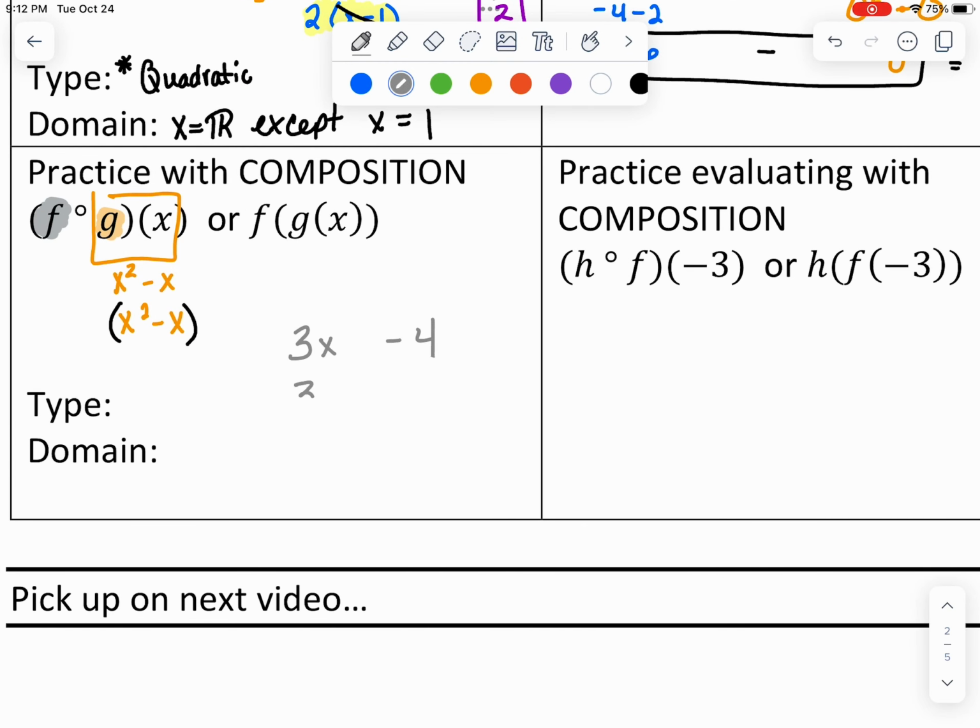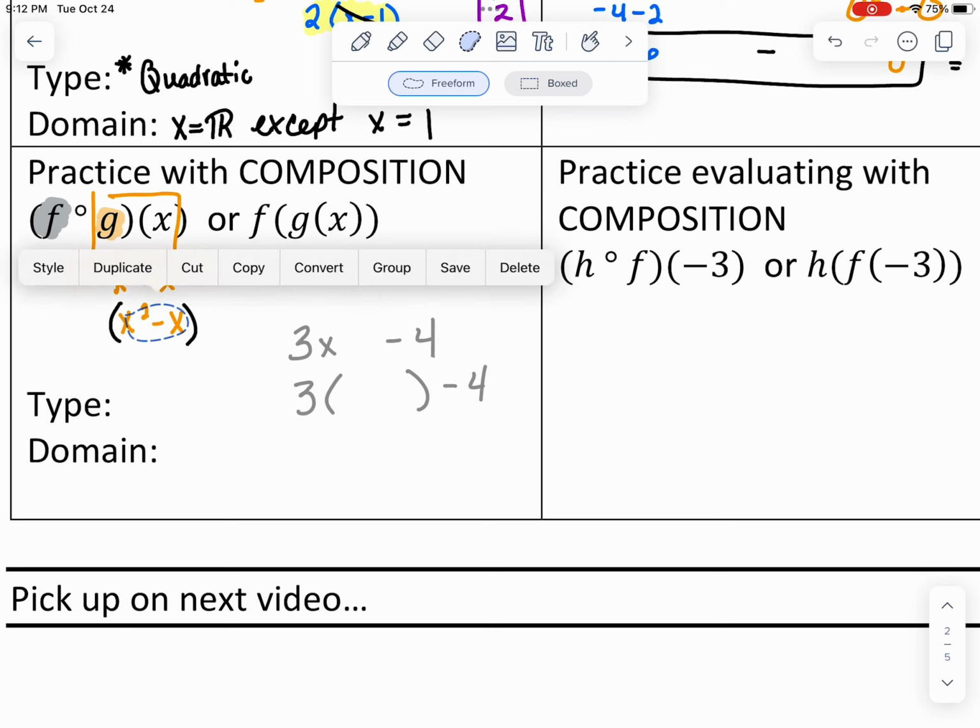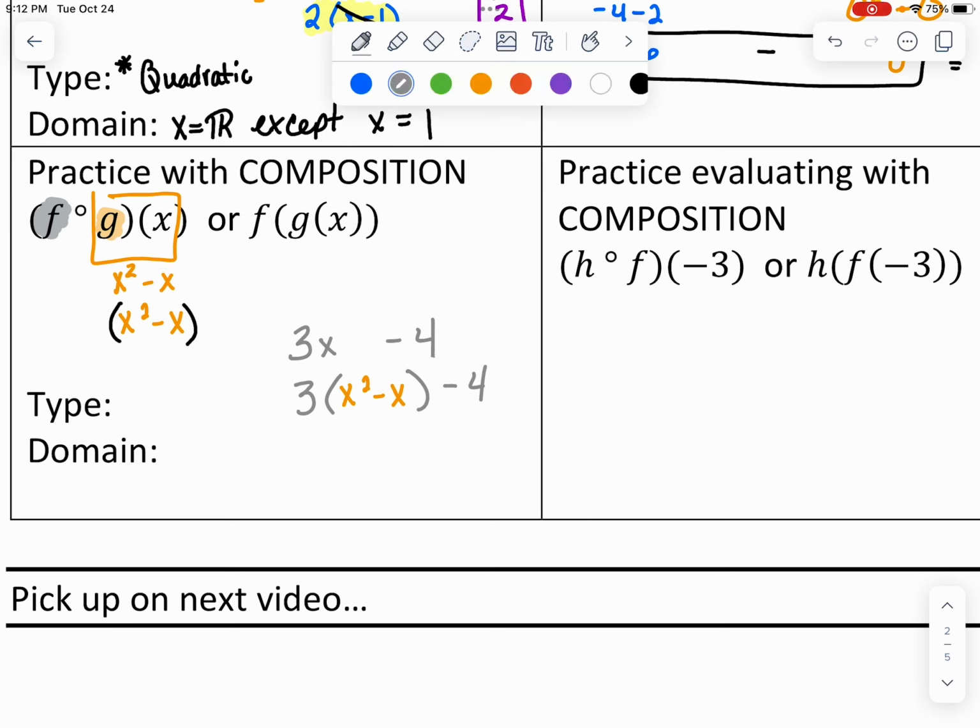But you take away the x and you plug in x squared minus x. So you're plugging in an equation for this x. Very weird, right? It's like you're composing one with the other. So that would be 3x squared take away.